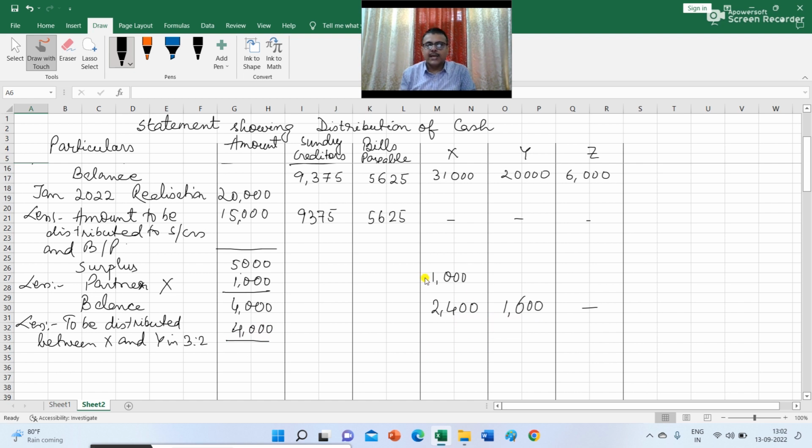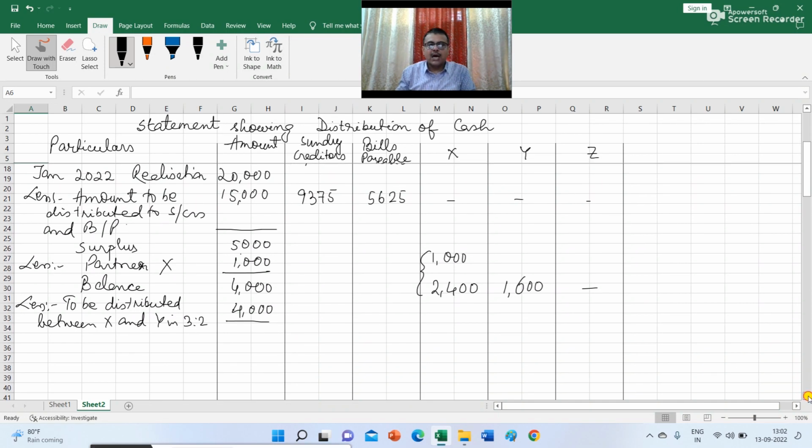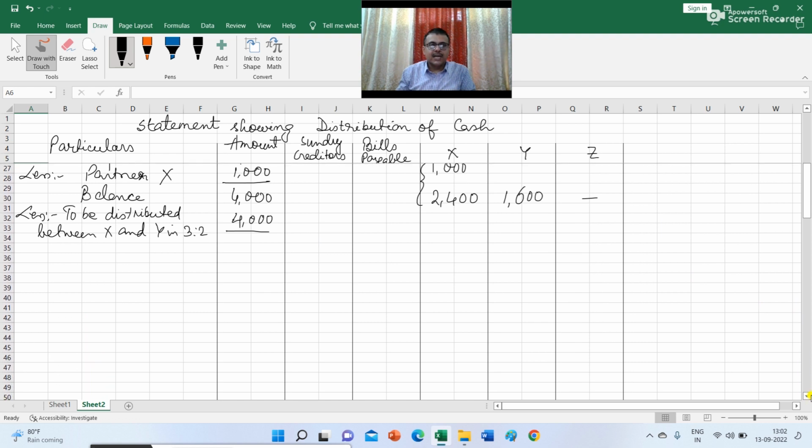So altogether, X will be paid 3,400 from the amount realized in January 2022, and 1,600 will be distributed to Y. So now we have to see what is the balance outstanding after payment of the first realization.